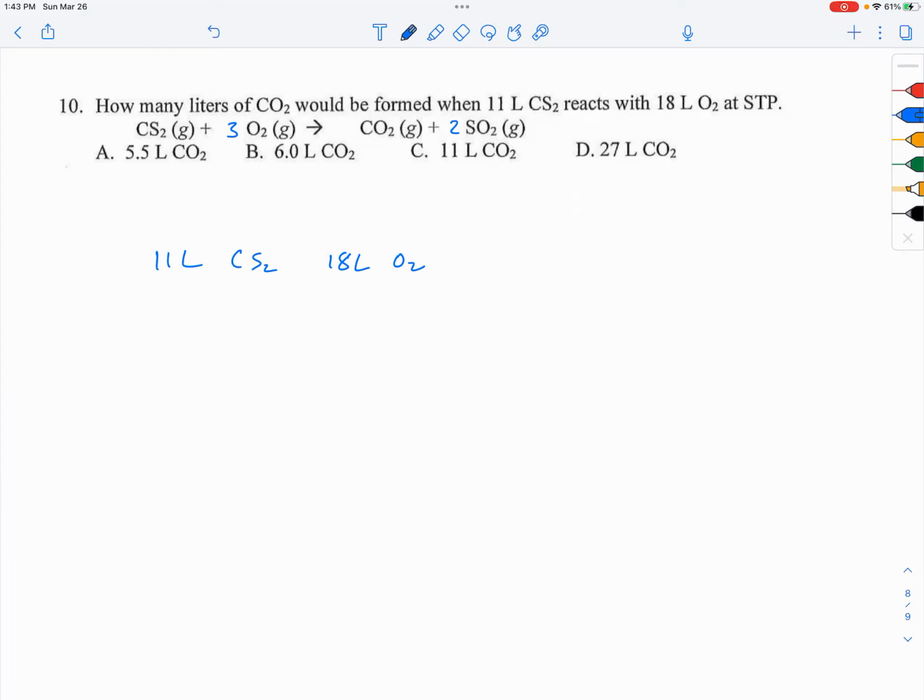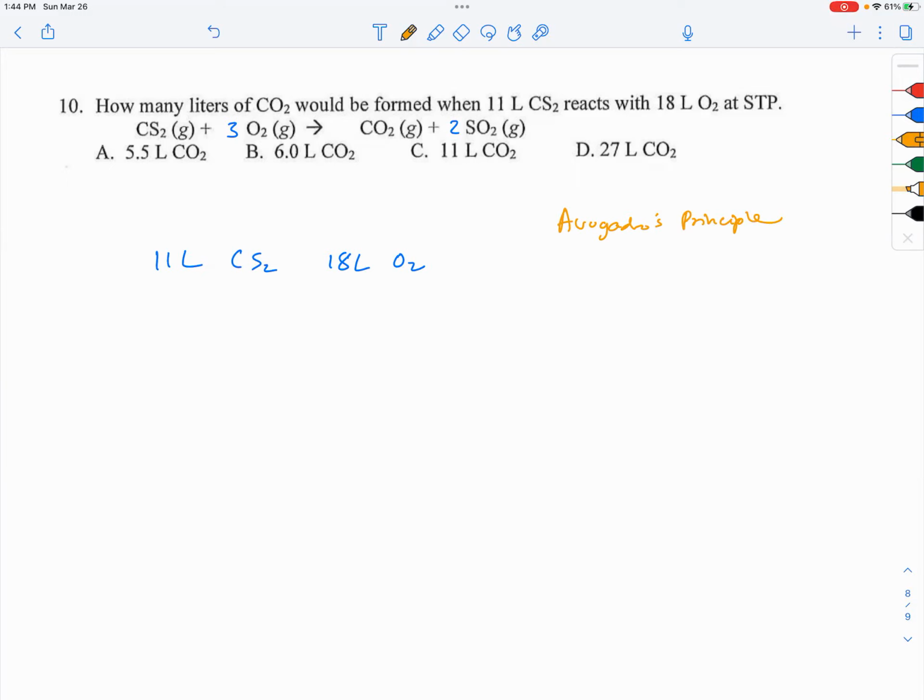Okay, and one critical concept that I need to know is Avogadro's principle, which is that feel free to assume volume as an indicator of the number of moles.